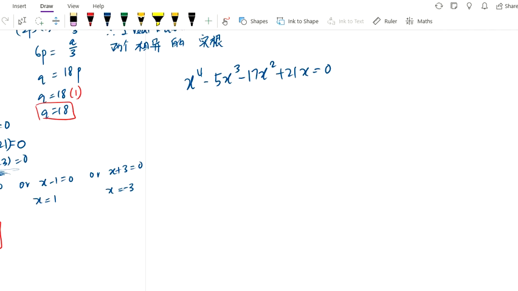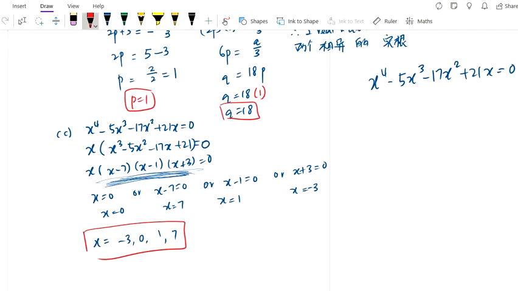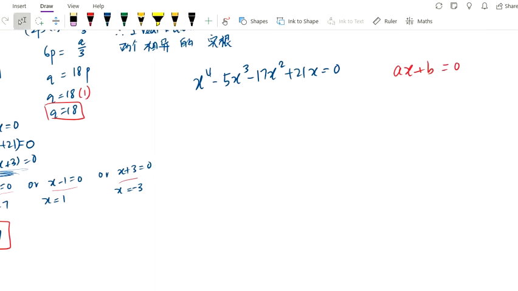So we'll always try to find the factor. For every polynomial, if we want to find the zeros of it, we'll always try to find the linear factor of it. Linear factor means it is ax plus b, and when the linear factor equals 0, so if ax plus b equals 0, it means x should be negative b over a.